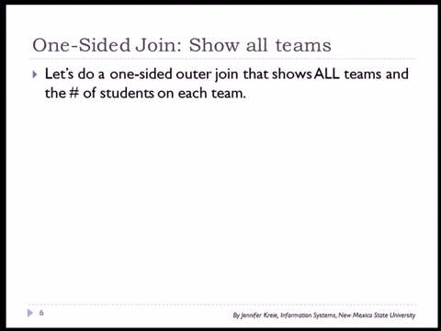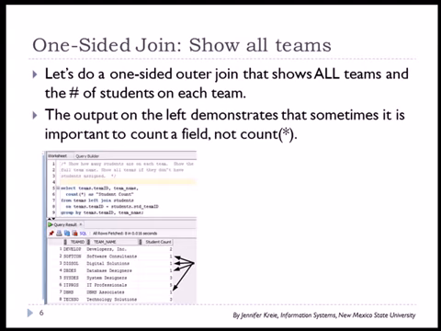So let's do a one-sided outer join where we show all the teams and count the number of students in each team. So the output that we see here on the left where we have from teams left join students is we're seeing a list of all the teams. And so we have some teams actually with no students.